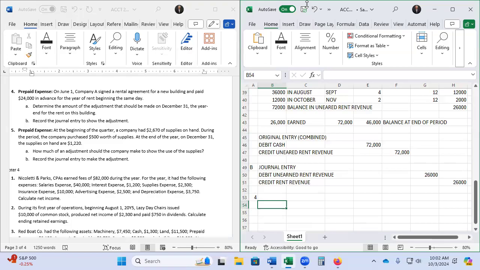Okay, so the original entry, which is not required, would have been a debit to prepaid rent and a credit to cash, right? For, was it 24,000? Yes.